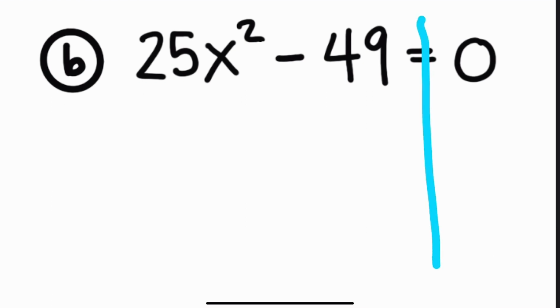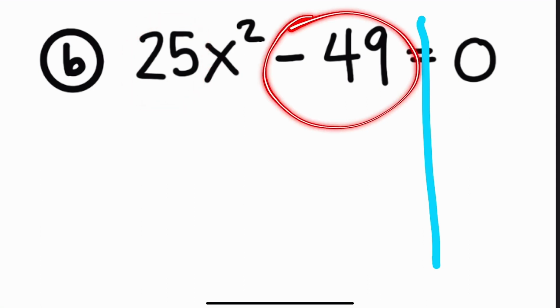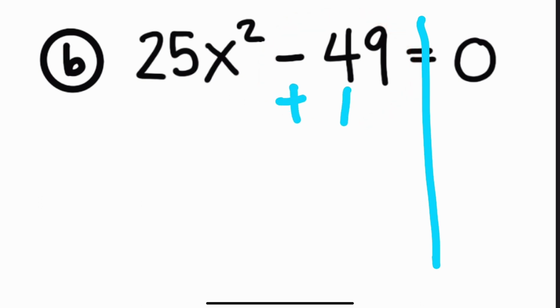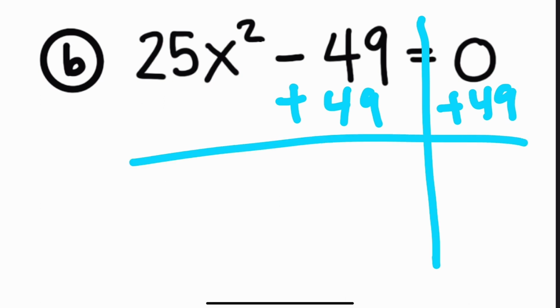So again, step number 1 was to get that x squared by itself. So I'm looking at this, I see I have a 25 and a 49. I need to get rid of that 49 first. So I'm going to do plus 49 to both sides. Then I'm going to cancel these out and see what I have left over.